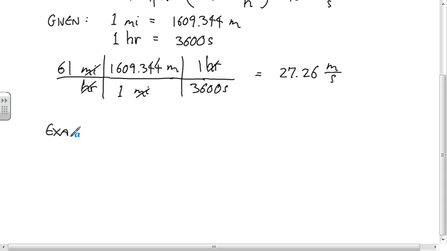So, like for example, let's convert meters per second squared into yards per minute squared.